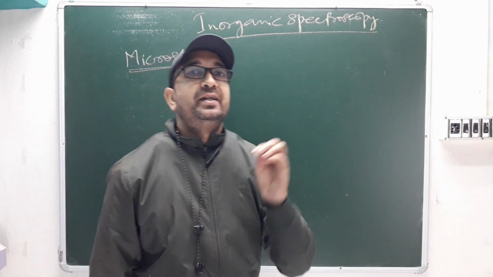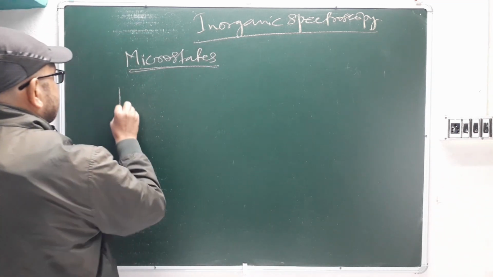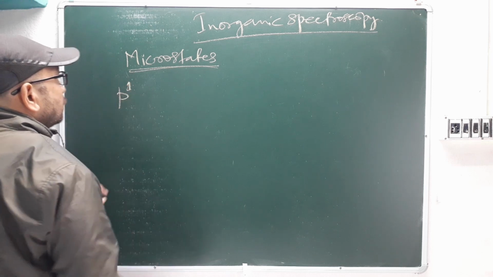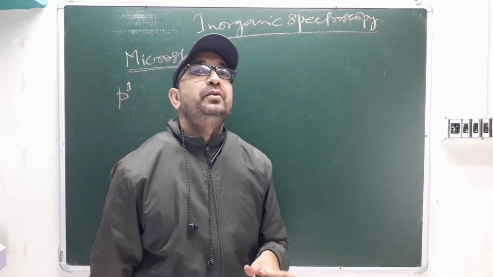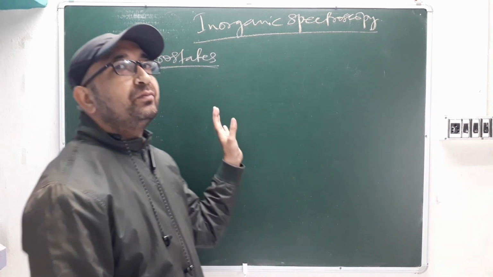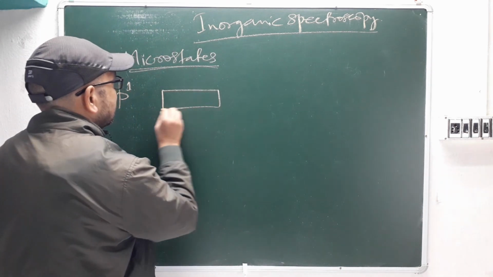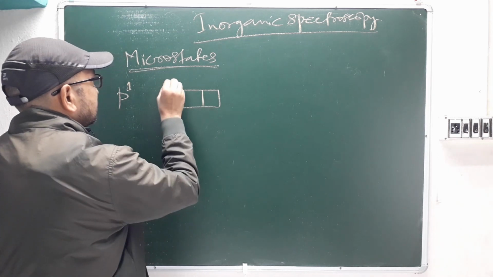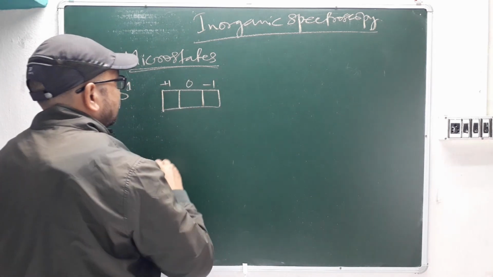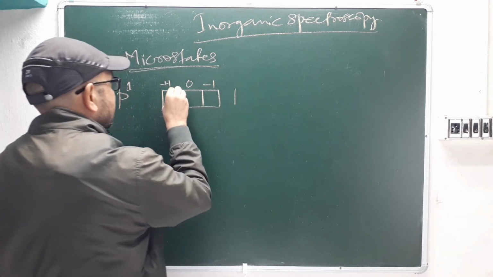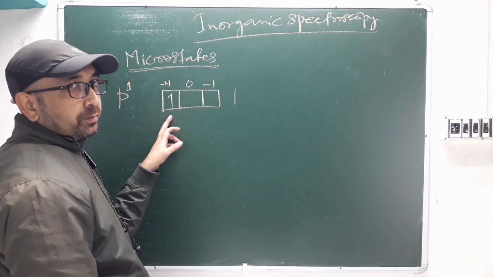Suppose one electron is there in p. Just see, in p one electron is there. So what are the possible arrangements for this particular electron? That we will find out in the microstate. Suppose p, how are we writing it? This is one p, with plus 1, 0, minus 1. The first electron will be in this box, plus 1.